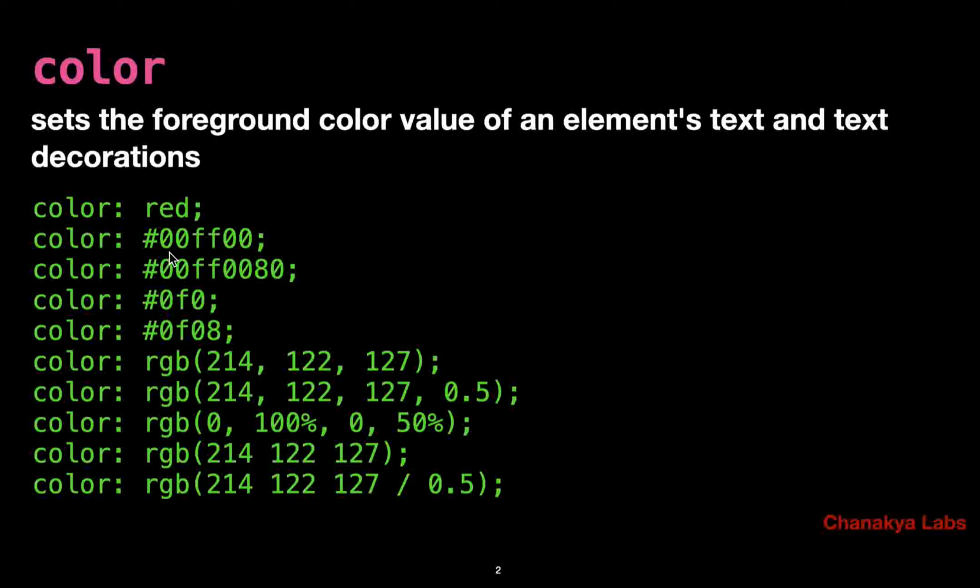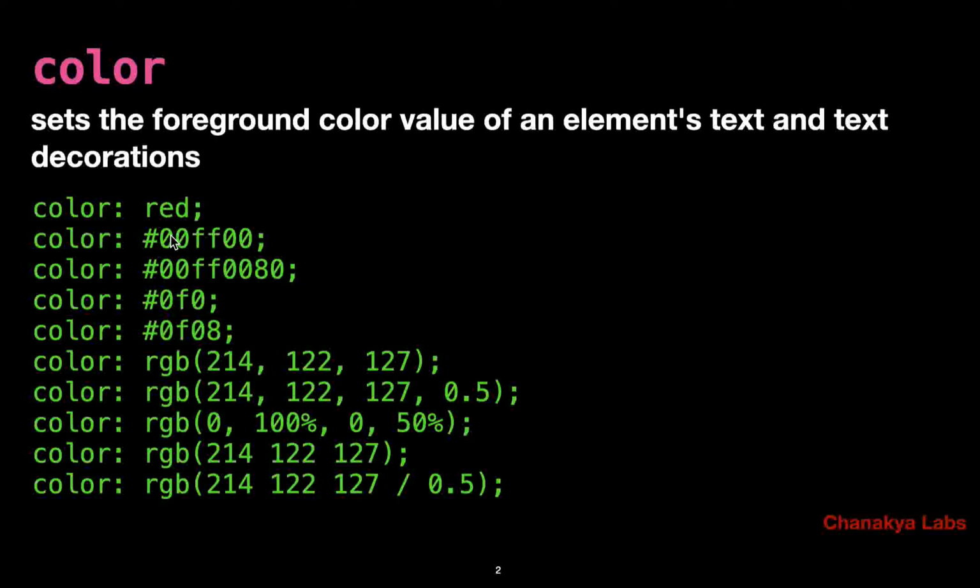Why? See, in hexadecimal, each digit will not count for 0 to 9, since it's hexadecimal, it will count up to 15, 0 to F. Okay.